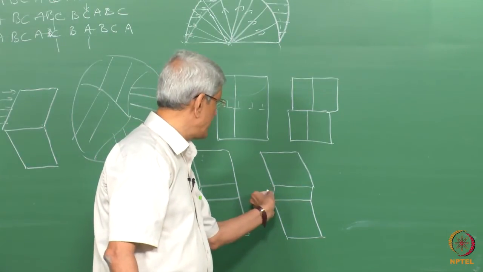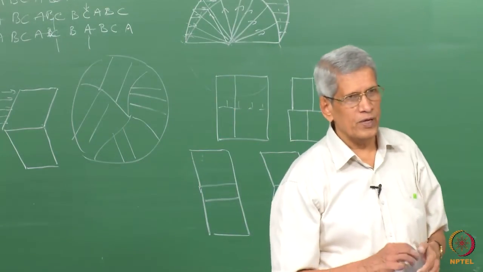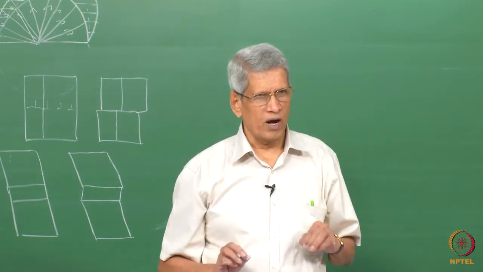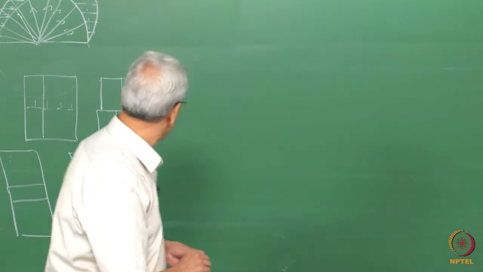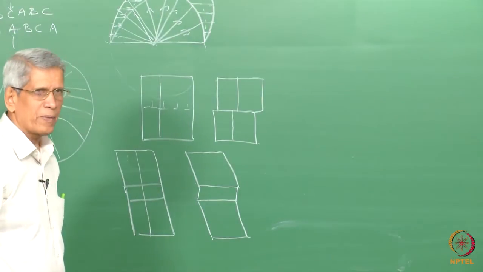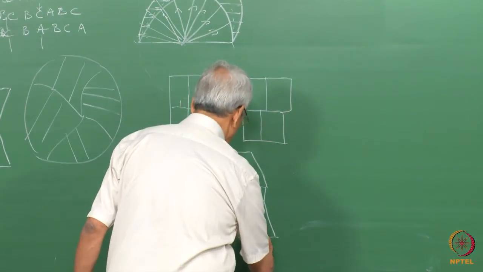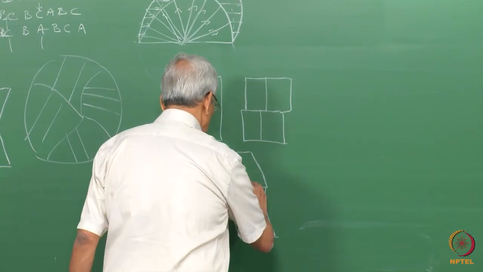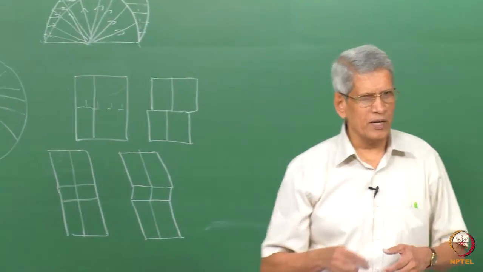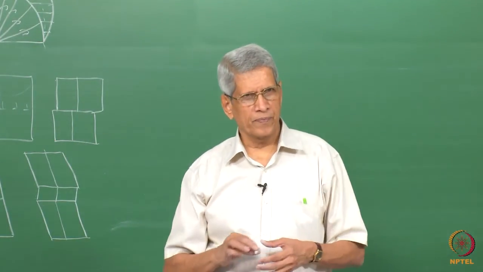From this direction, how much is the shift? It is getting tilted, and we can find out the macroscopic strain involved, correct? And if I have drawn a line, what would have happened? After twinning, this line also shifts, but continuity is maintained. This is one way in which we can immediately find out whether it is twinning or slip.